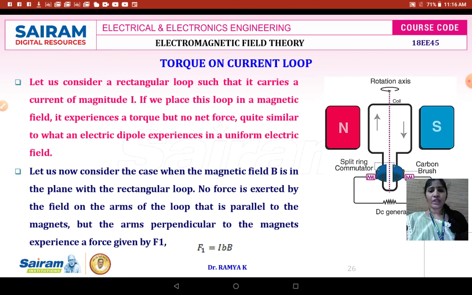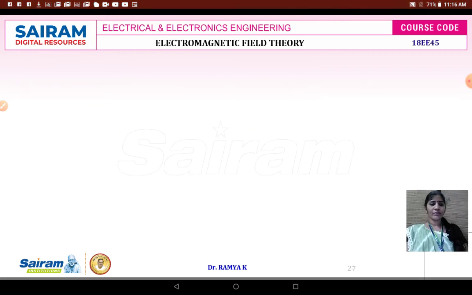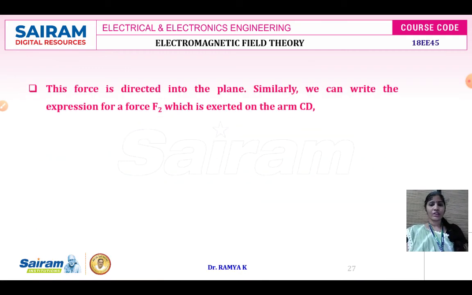But now consider the case when the magnetic field B is in the plane of the rectangular loop. Then no force will be exerted on the other arms, and the field will be perpendicular. So we can have the force F1 is equal to I B b. The force is directed into the plane.